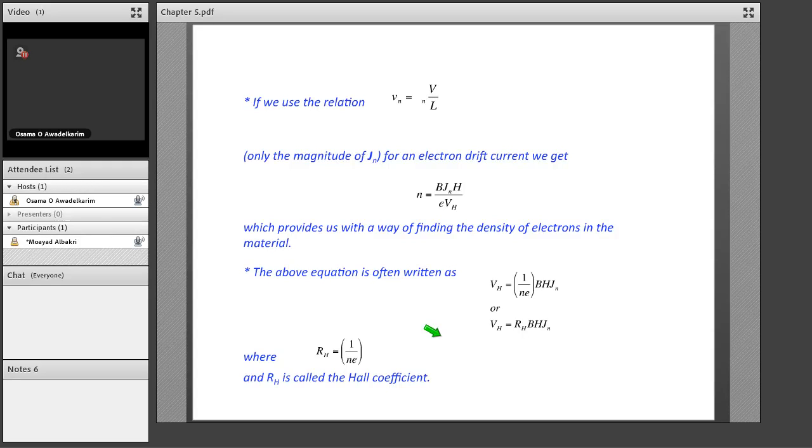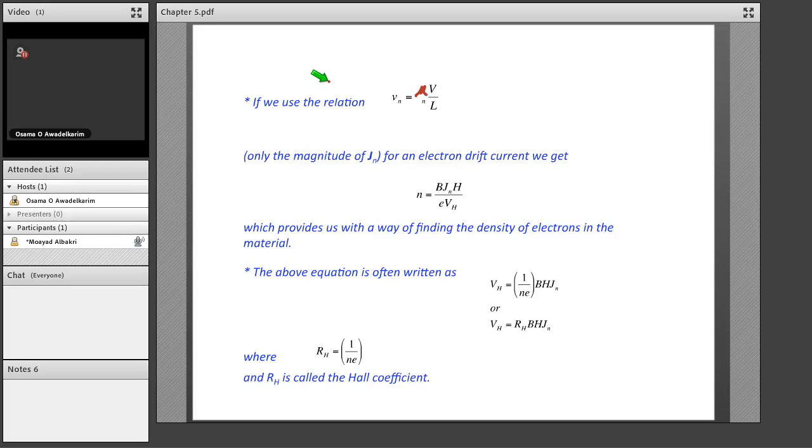Not only that, you can go further and use the same relations like this one, where v_n is mu_n V over L. This doesn't show Greek letters for some reason.